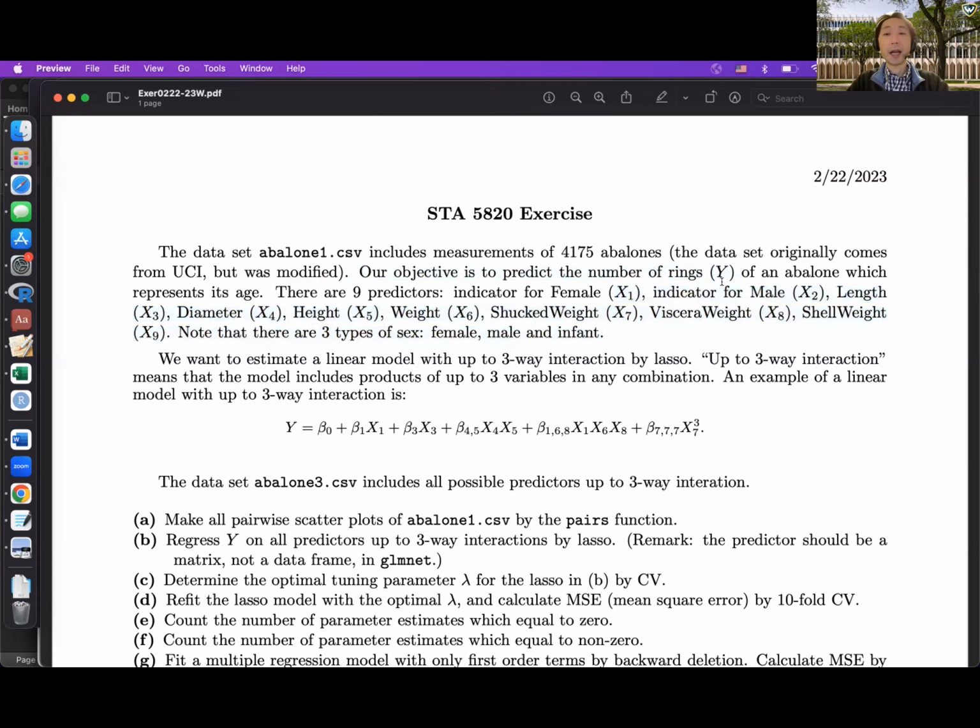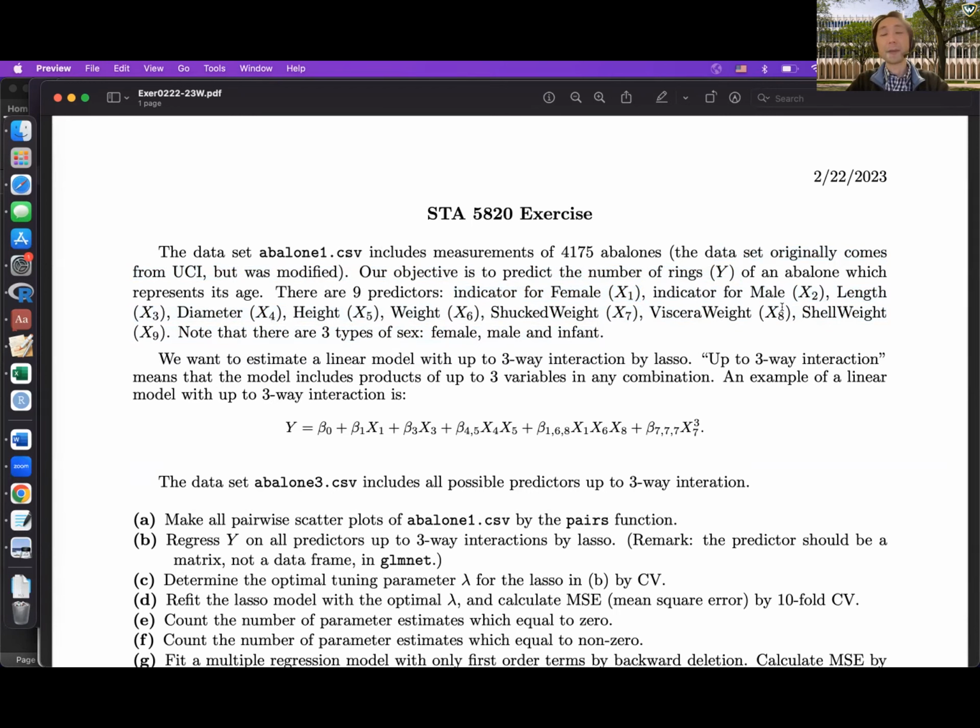The problem is how to explain y by the other ones. y is the number of rings in abalone, and the other predictors are the size and also the sex of the abalone, so female or male, or unidentified.